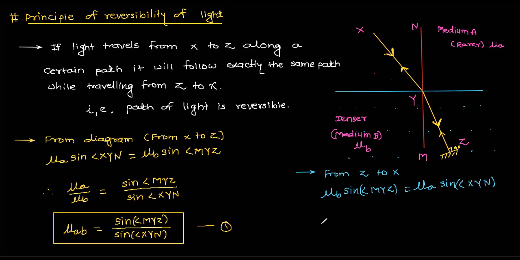So therefore here you are getting mu B by mu A is equal to sine of angle X Y N divided by sine of angle M Y Z.